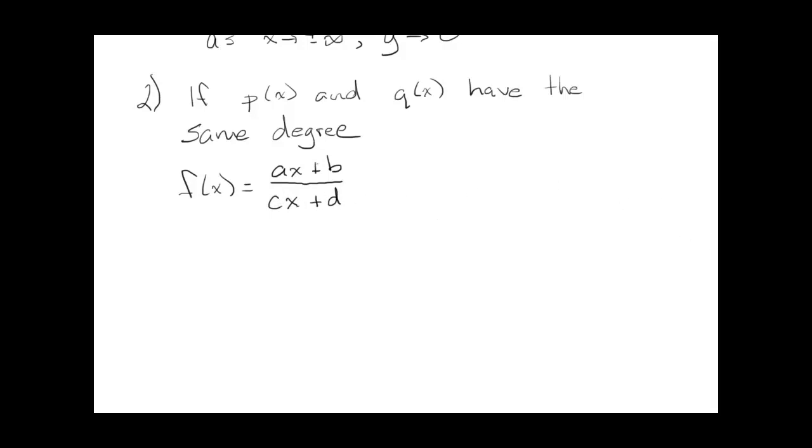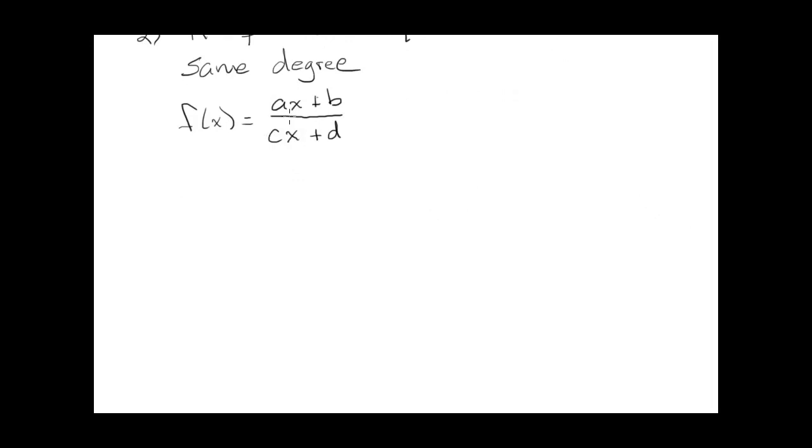But I'm going to do the same sort of thing. I need to do the same kind of algebraic trick. Divide by the term with the highest power, which in this case, both polynomials have an x as their highest power.